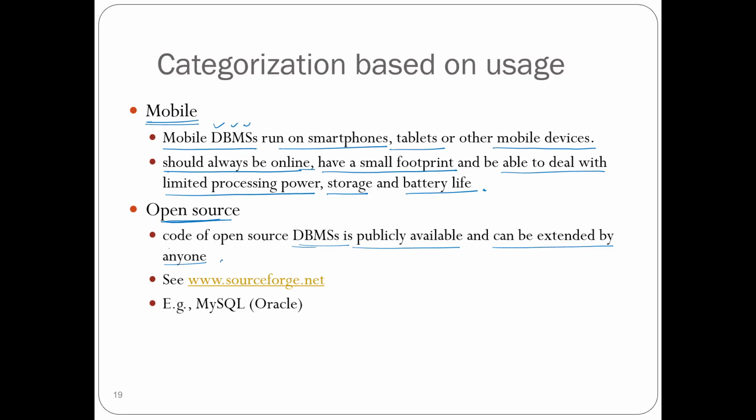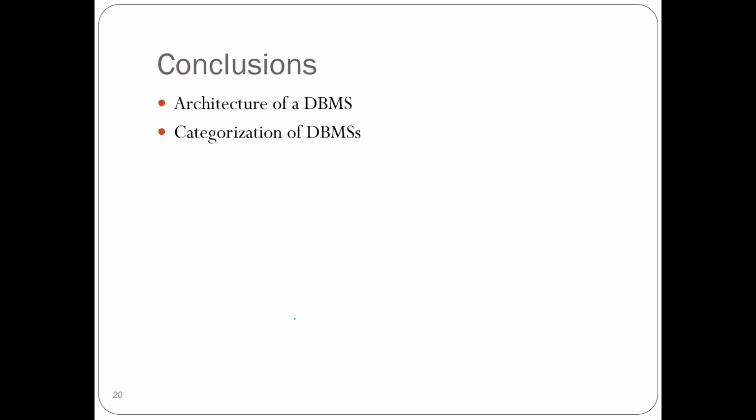They can be improved by many developers because they are open source. These open source DBMS or open source software can be obtained from www.sourceforge.net. MySQL, which is maintained by Oracle, is an example of an open source DBMS.